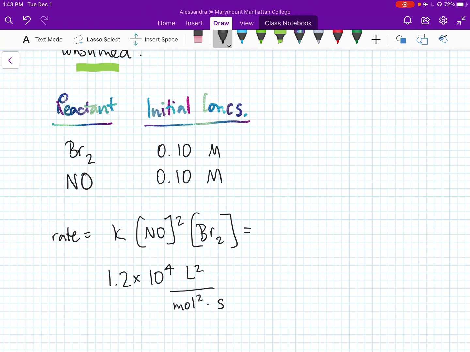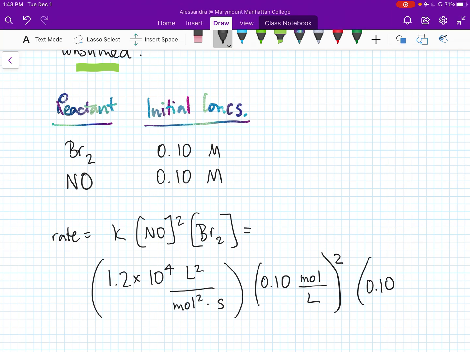And we know that the concentration of NO at the beginning is 0.10 molar. I'm going to write molar here as moles per liter, and I have to square it because of this 2 here. And we know that the concentration of bromine at the beginning of the reaction is also 0.1 molar.